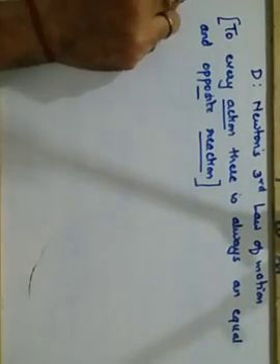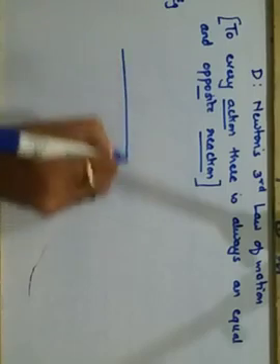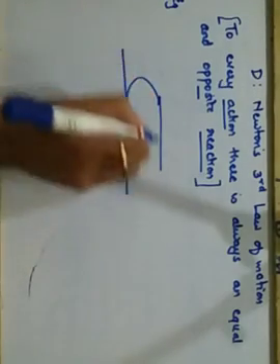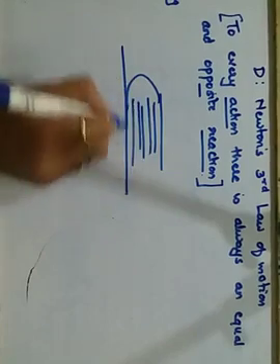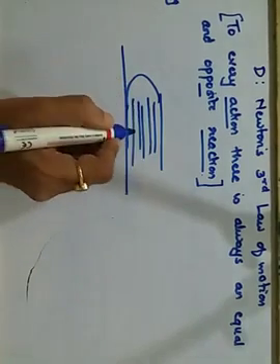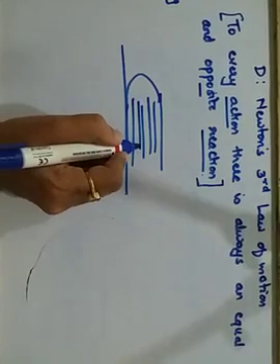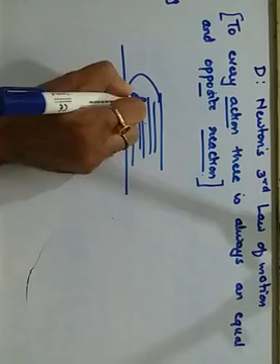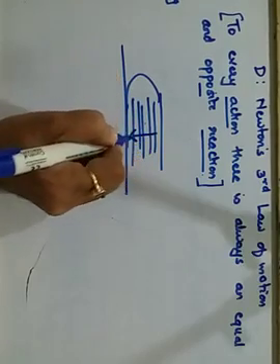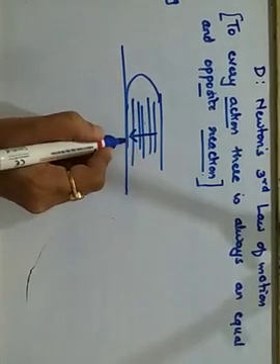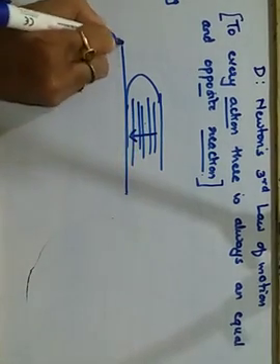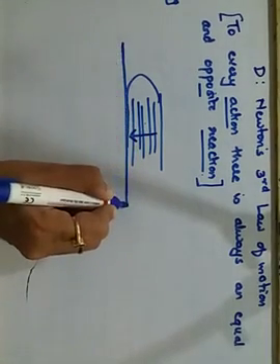Let us take an example. Suppose on a tabletop I keep a book. The book is lying on the table. The weight of this book acts vertically downwards, but the book does not move downwards, because there is something to balance it.